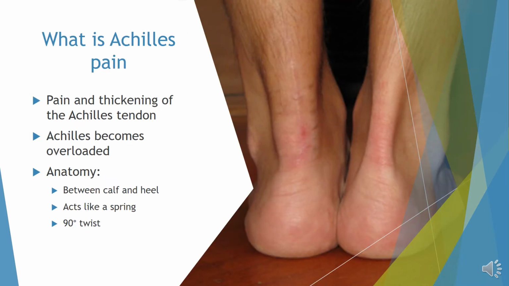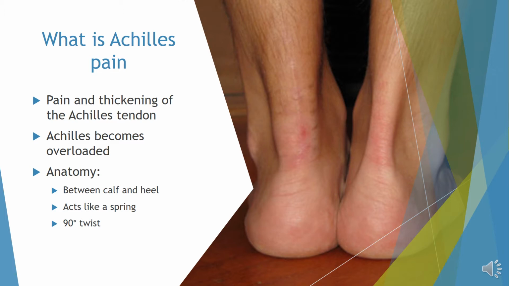What is Achilles pain? We're talking now about the tendonitis, tendinopathy rather than the rupture. What tends to happen is that when an Achilles is loaded at a rate that's faster than its ability to recover from the load, you end up with chronic changes in the tendon, and that leads to a thickening. You can see from the picture the ankle on the right is a normal Achilles tendon and the one on the left is significantly thickened.